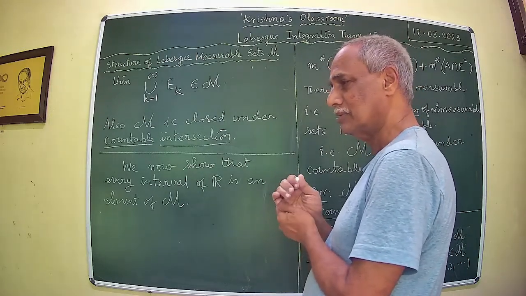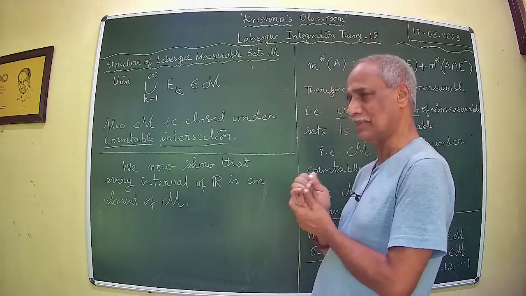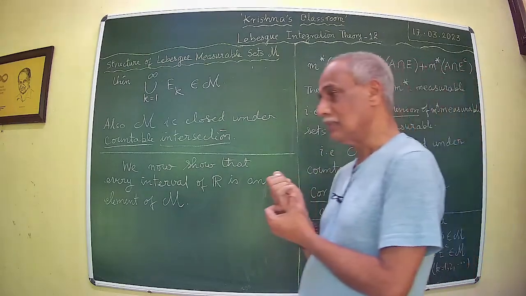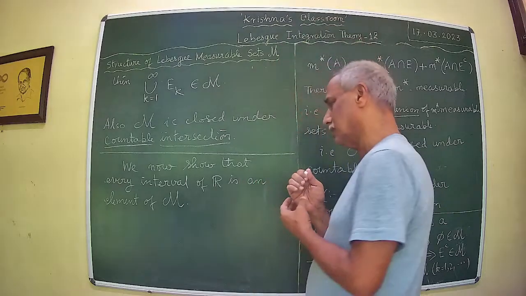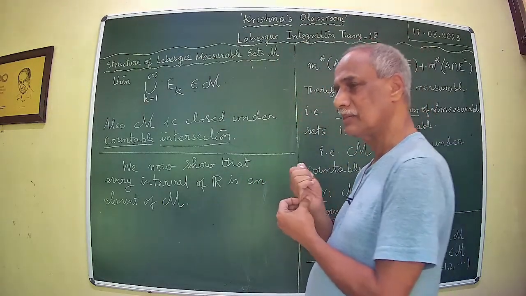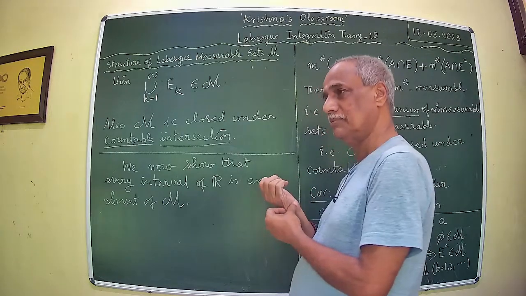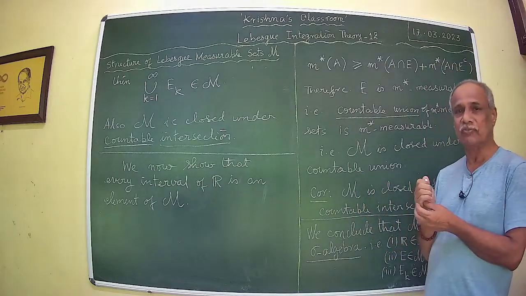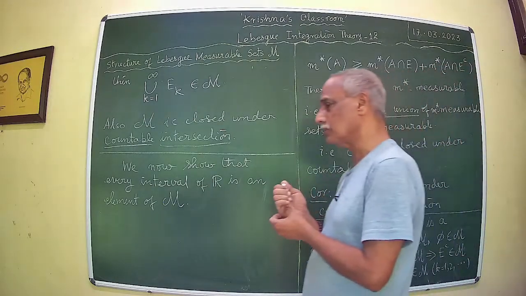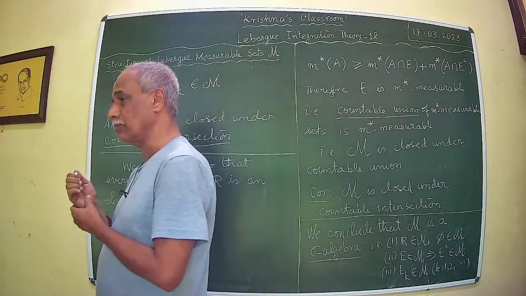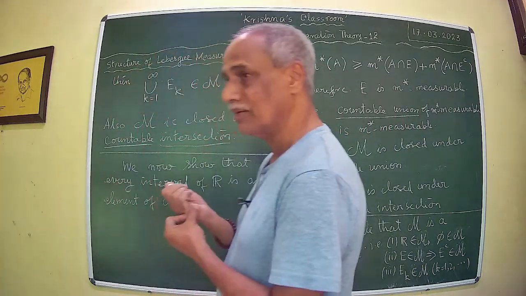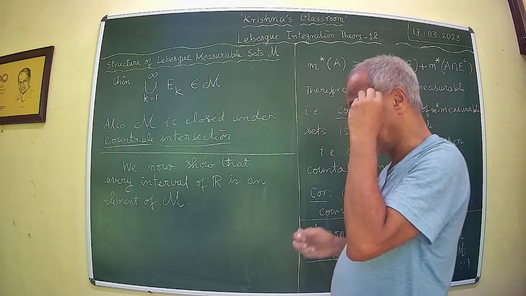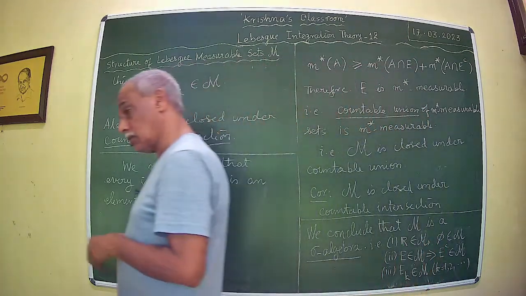Not only that, the countable intersection of open sets is measurable, whereas countable intersection of open sets may not belong to the topology. You cannot say that it's an open set. And therefore the so-called F sigma and G delta sets are all in this class.